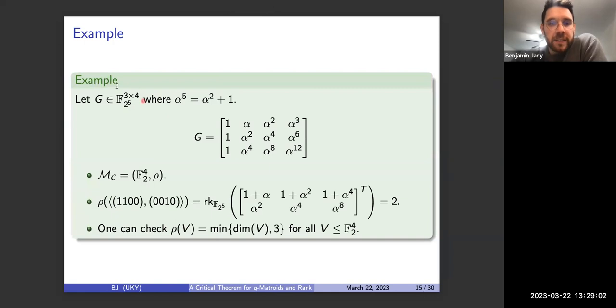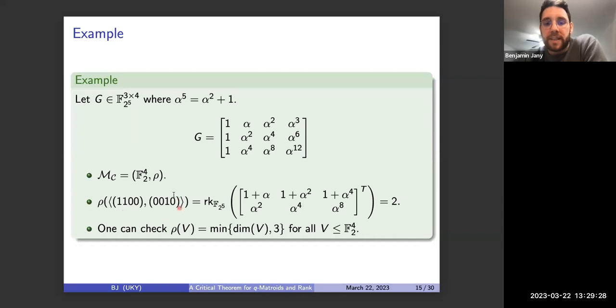So let's look at a little ongoing example of this matrix G. Now we consider G to generate our code over F_2^5, where F_2^5 is a field extension of F_2. And so we define the q-matroid that has ground space F_2^4, and the rank function as defined below.